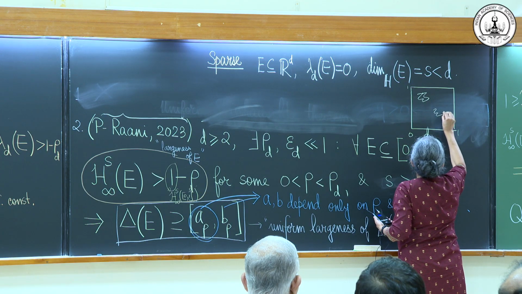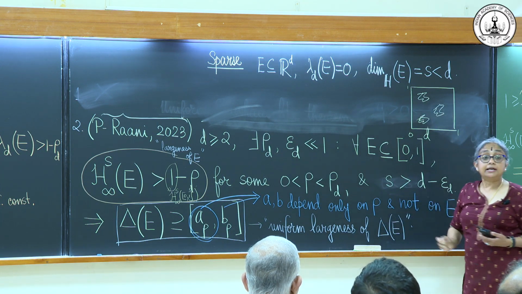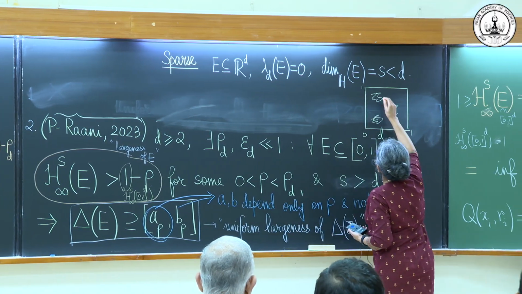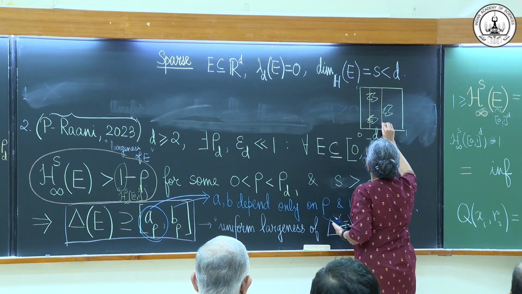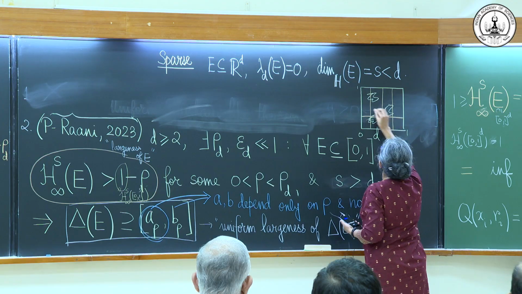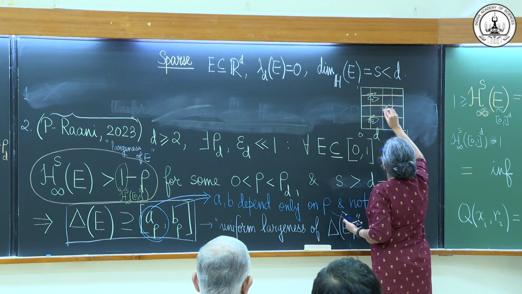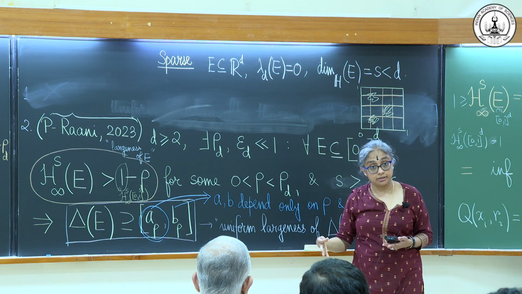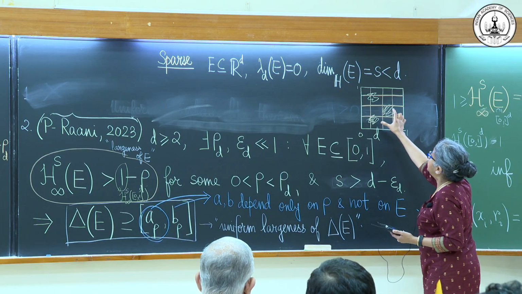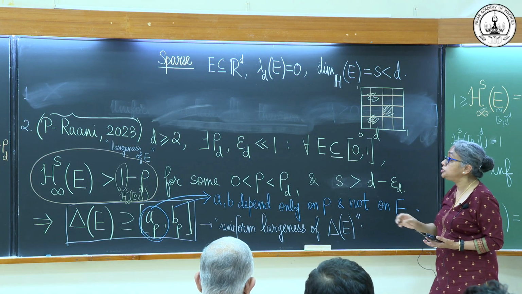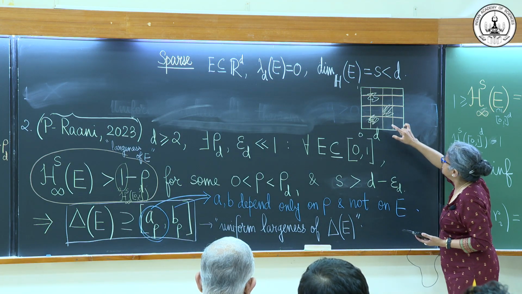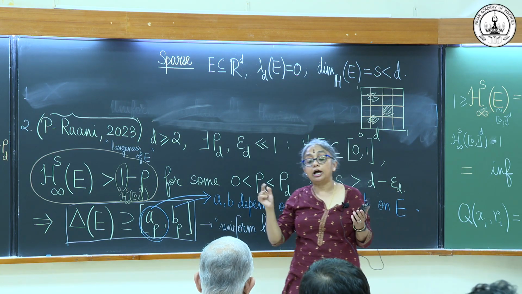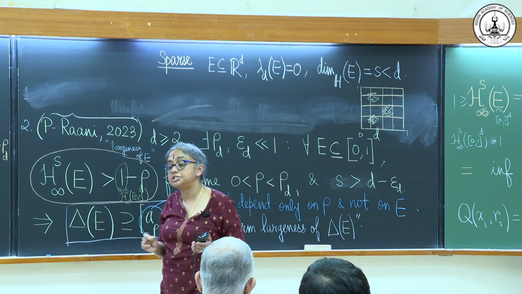I'm going to draw some blobs, and these blobby parts are the E. The first thing I need to do is, all I know is this content condition, and using this content condition, what I first do is go through a dyadic decomposition of [0,1]^d, and we pick out certain dyadic cubes where the E holds large weight. Once E holds large weight, in order to determine the distance set, depending on these special measures, I want to create something called a configuration integral. What does a configuration integral do?